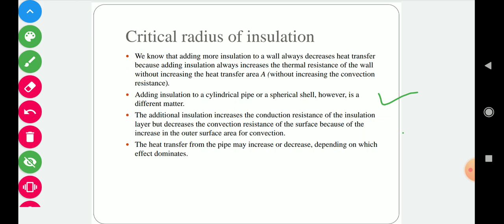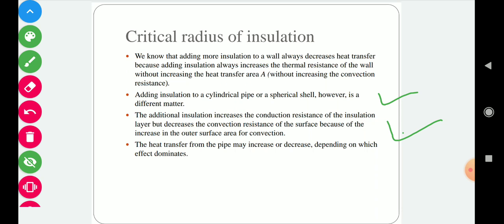So when area increases, convective heat transfer rate will increase. So here are two parameters. By applying insulation on the object, the heat transfer resistance increases, but on the other hand surface area also increases. So due to the increase in surface area, total convective heat transfer from the object to the ambient environment also increases.